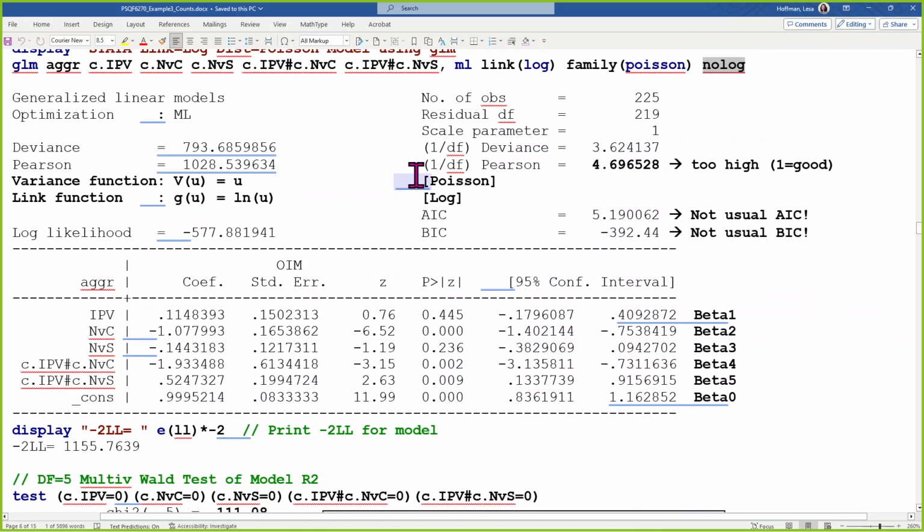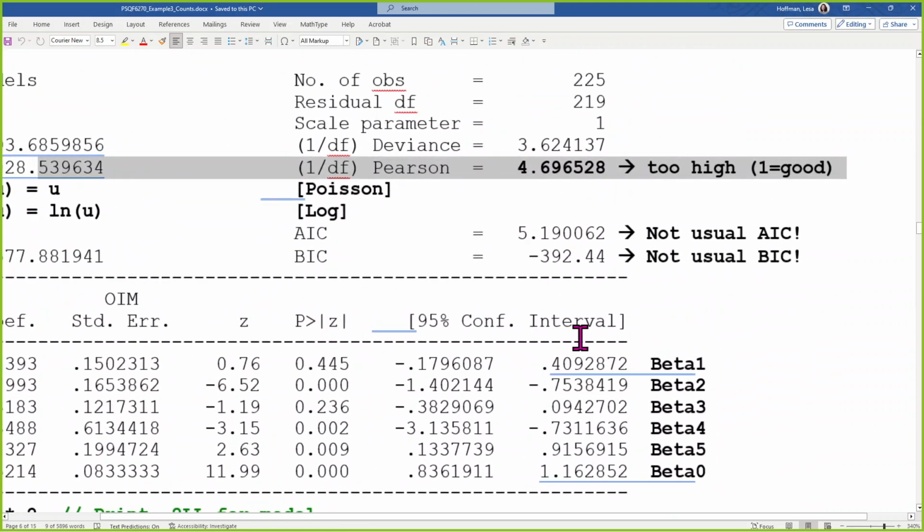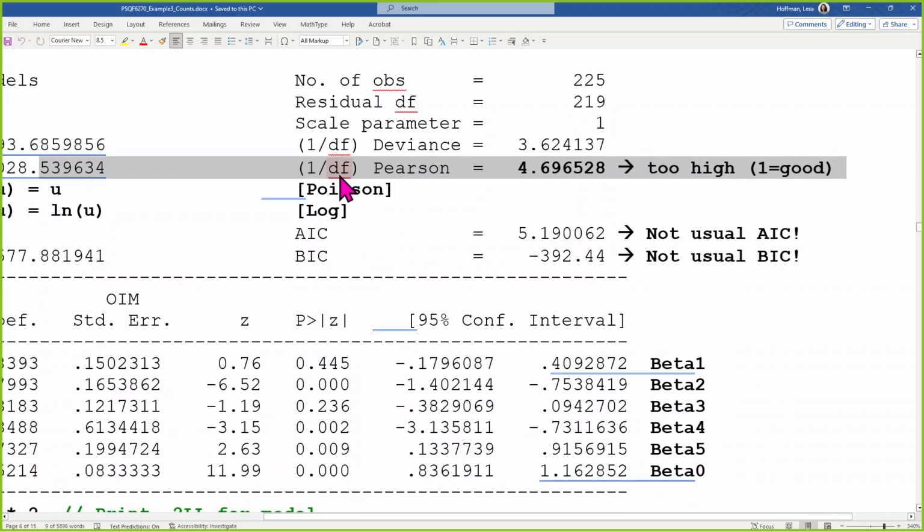The first thing I want to point out to you is this new quantity right here. This is my index of distribution fit, the Pearson chi-square over degrees of freedom, and it's 4.7. So that means roughly there is 4 times as much variance in this outcome as what a Poisson model would predict. To say that differently, we are under-predicting the variance. So that's not good.